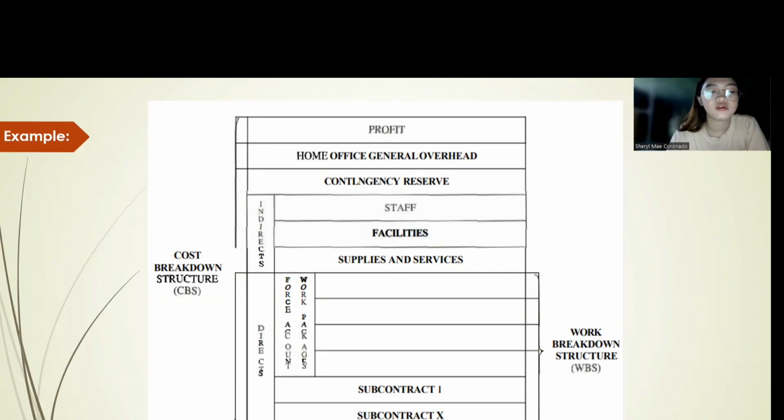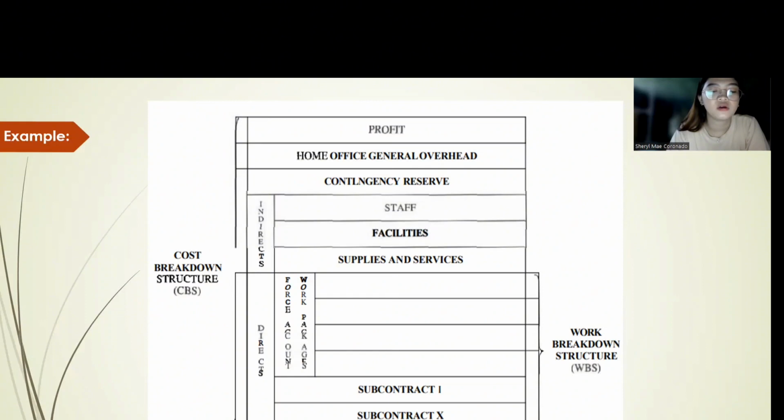In figure 94, an example from the publication shows that the WBS is the direct cost portion of the CBS. The WBS includes work that is budgeted, scheduled, and controlled. The estimate should be prepared in the same organizational format as the WBS.